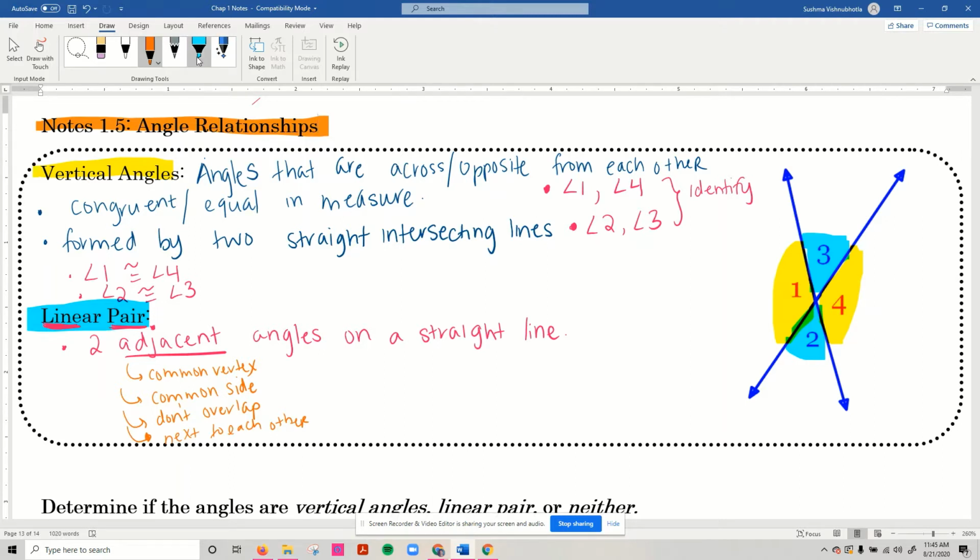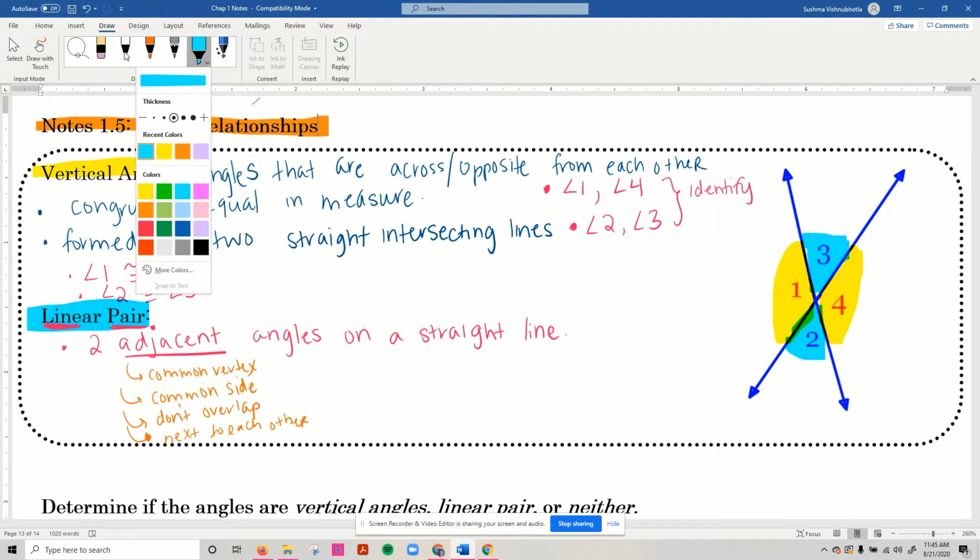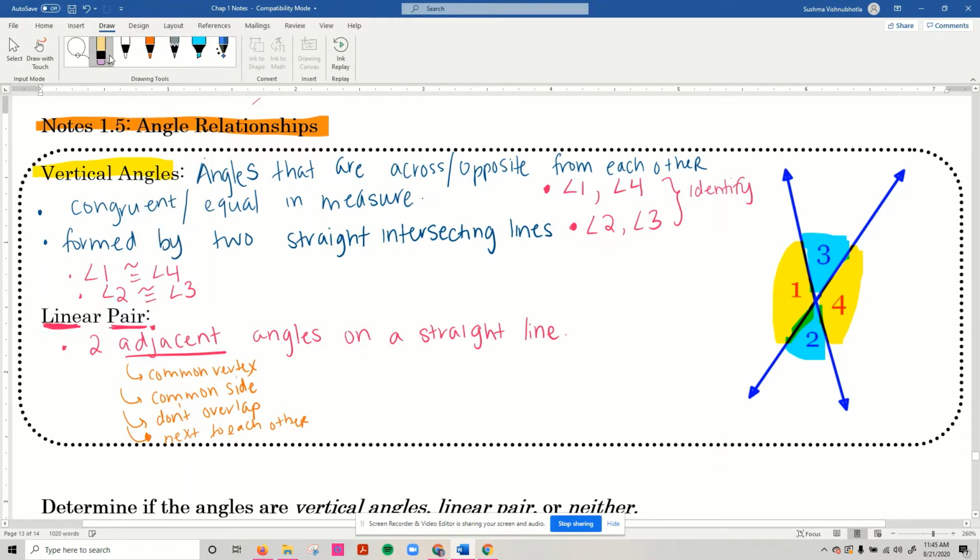Okay, so in this picture, if I want to identify some linear pairs, I can look at angle 1 and angle 3. I can look at angle 2 and angle 1, or angle 2 and angle 4. So there's pretty much a variety of angles that can be considered linear pairs.